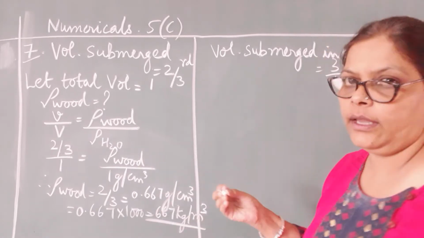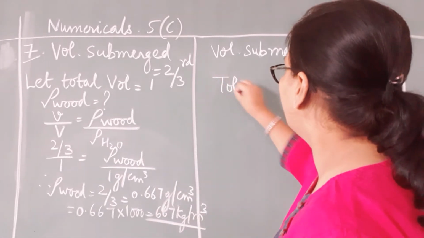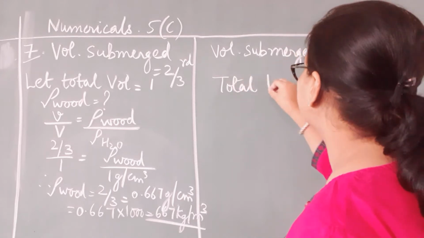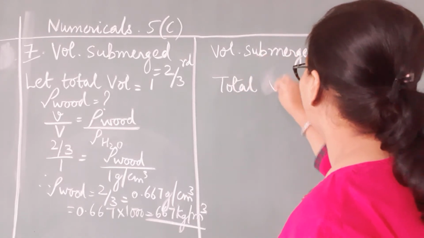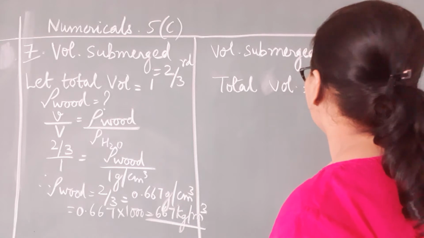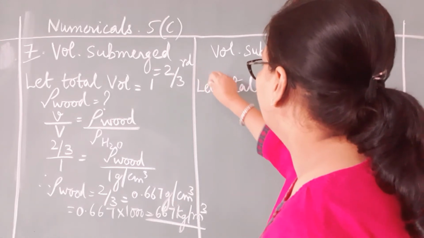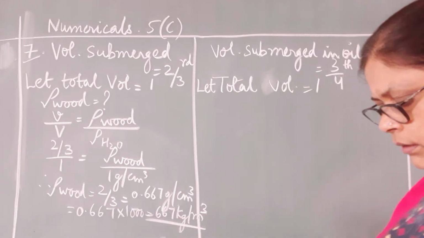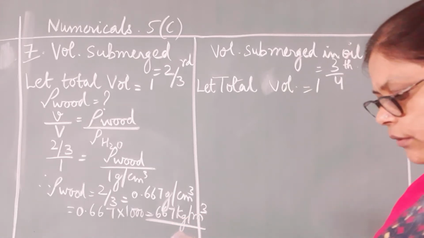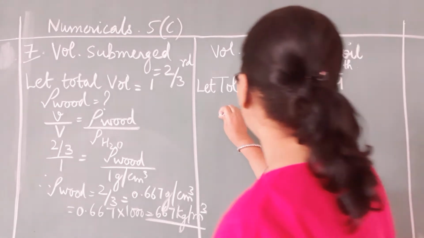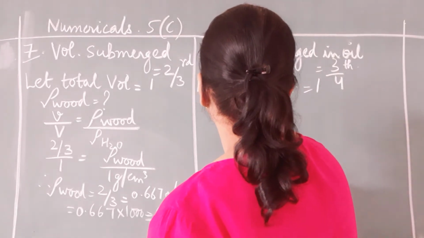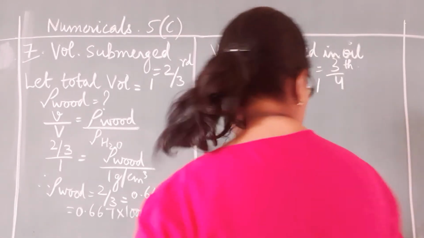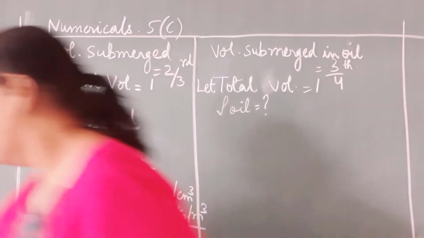And again we consider the total volume of the body to be 1 as in the previous case. Let the total volume equal to 1. And again, what are we supposed to find out here? Calculate the density of oil. We are supposed to find out the density of oil in this particular question.